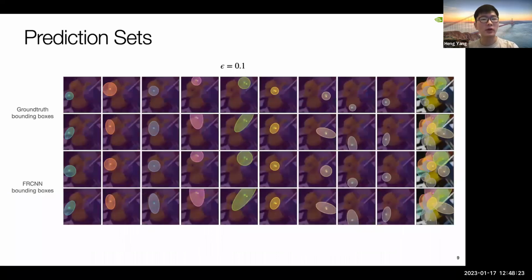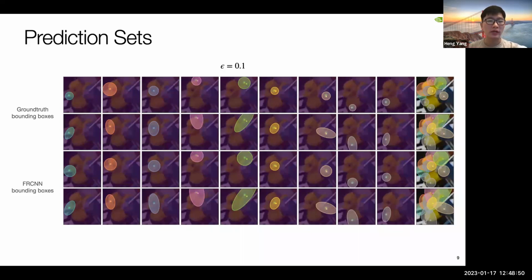So let's first look at how these prediction sets look. I gave you some qualitative examples of the prediction sets here. This corresponds to the case of 90% confidence. You'll see that if you want to be more confident, the conformal machinery will give you balls that are relatively larger than necessary.